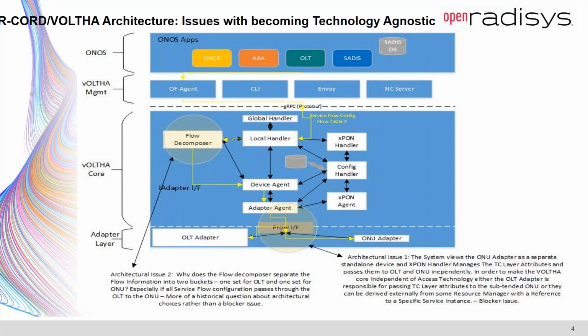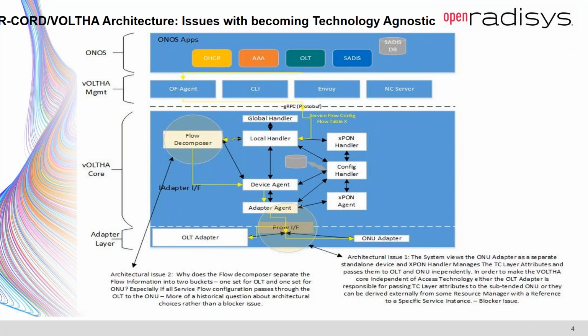The approach is we want to make the Volta core hardware device technology agnostic, and all the hardware device dependency will connect to the Volta core like microservices. So that is the principle. I comprehend that.